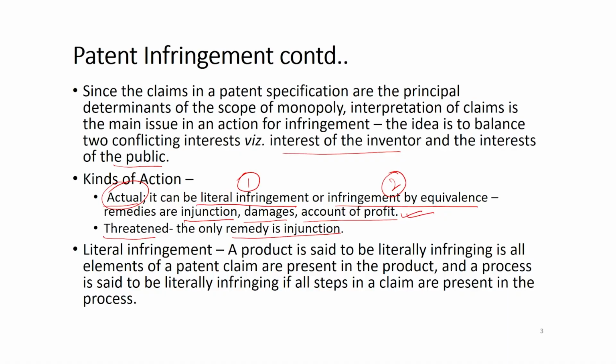Literal infringement: a product is said to be literally infringing if all elements of a patent claim are present in the product, and a process is said to be literally infringing if all steps of a patent claim are present in the process. Now, what I am trying to say is, I may have 3 claims in my patent.